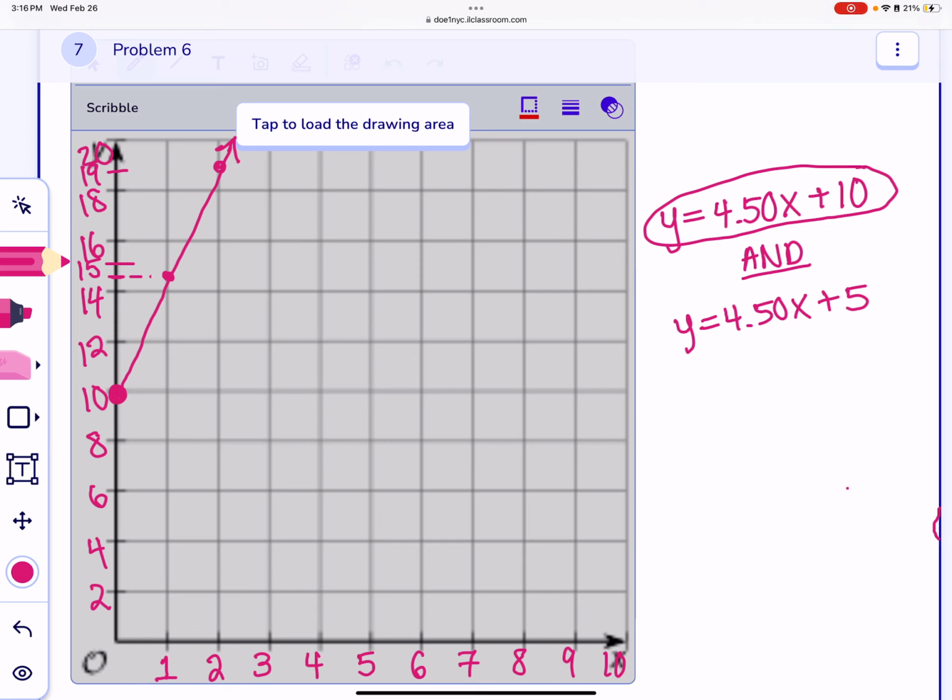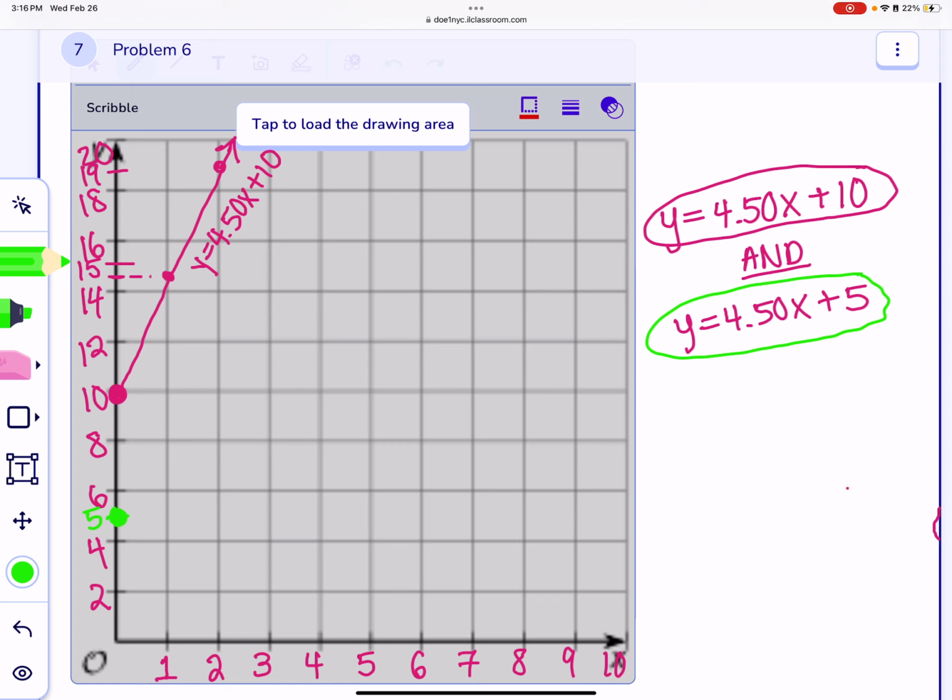And I'm going to label this as y equals 4.50x plus 10. And in a different color, maybe in green, I'm going to graph the second equation, where we have a y-intercept of 5 instead of 10 because the delivery fee is only $5 instead of $10.